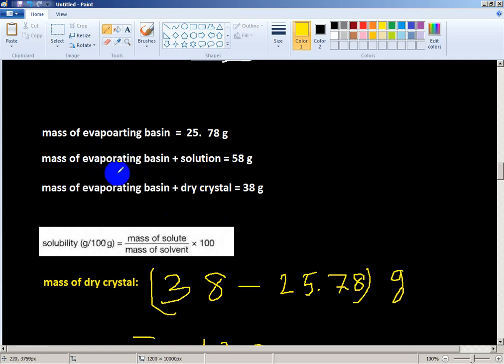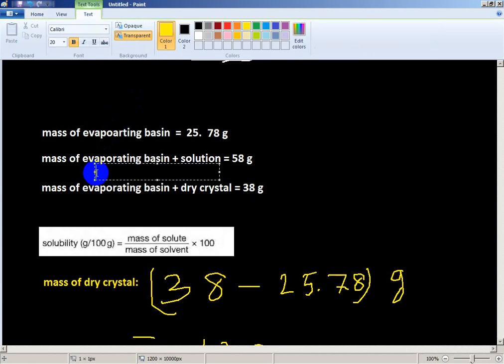Here is the mass of evaporating basin plus solvent plus solute. Here is the mass of evaporating basin and solute. Here are three things: the evaporating basin, the solvent mass, and the solute mass.